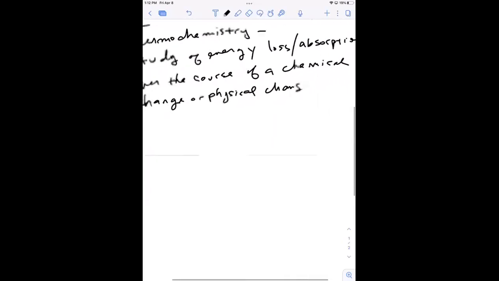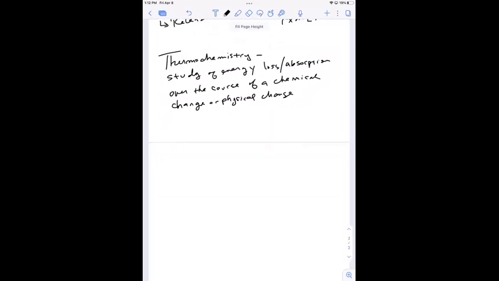What we're going to be talking about in this section is how energy is studied, whether in the form of heat capacity, enthalpy, or Gibbs free energy. All of those fall under this classification of thermochemistry.